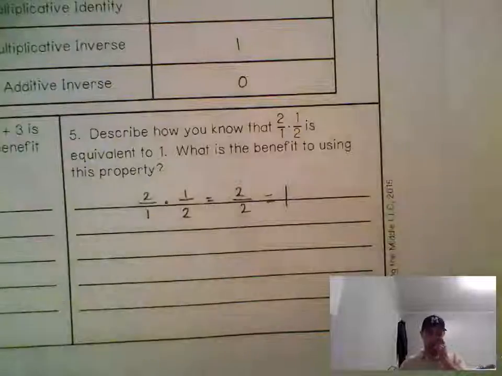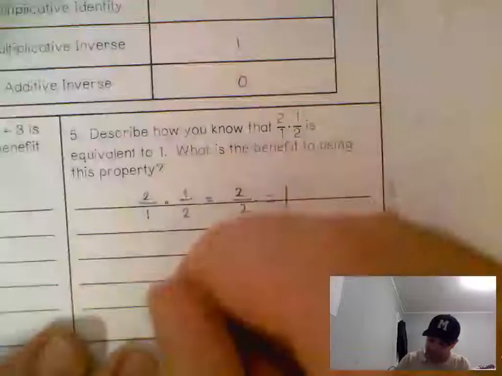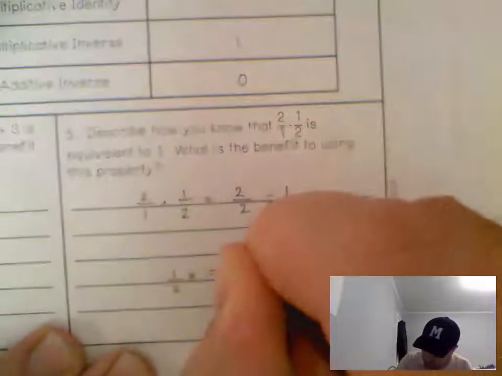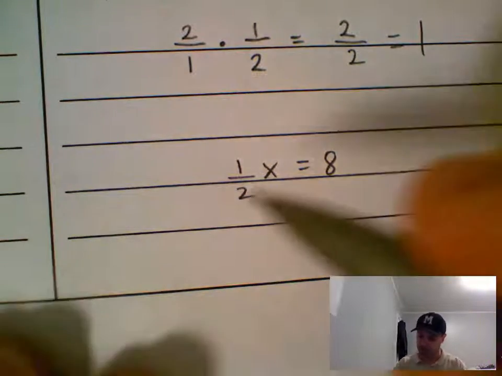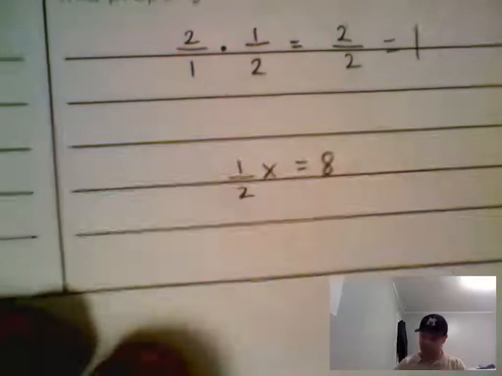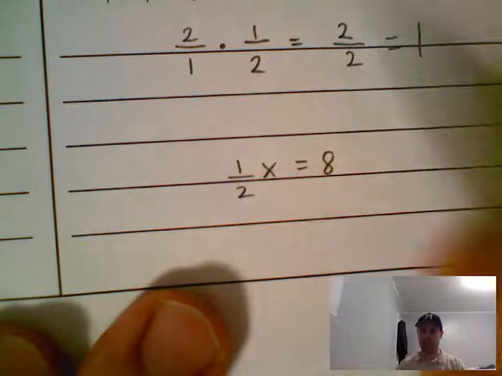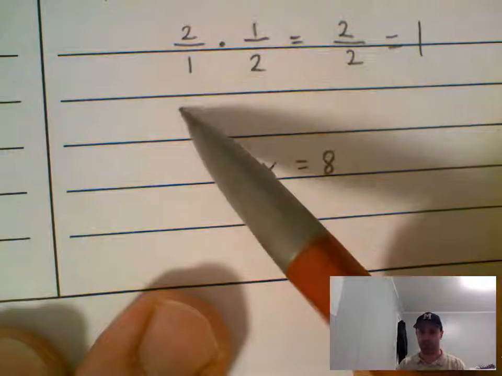The benefit to using a property like this could be if you had an equation, say it said 1/2 of x equals 8. If you multiplied both sides by the inverse, the inverse of 1/2 when we're dealing with multiplication is 2 over 1.